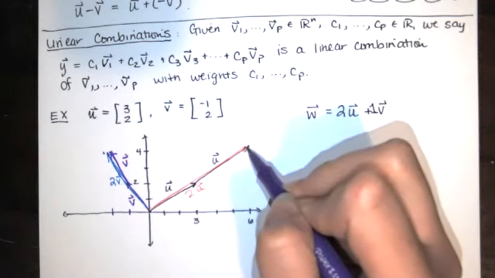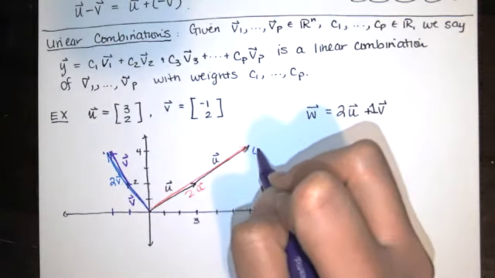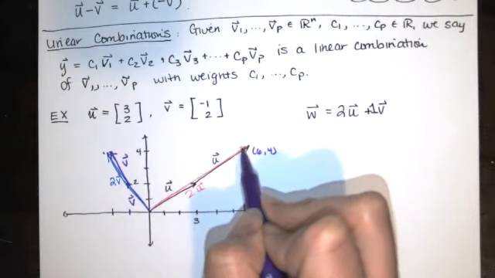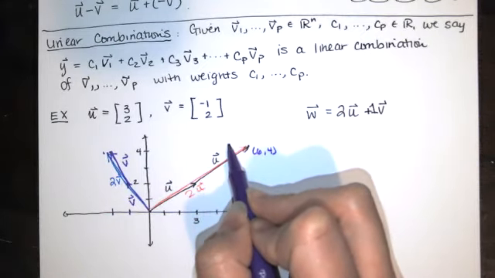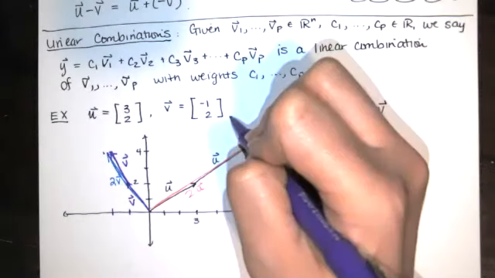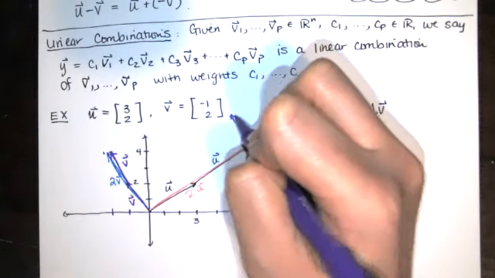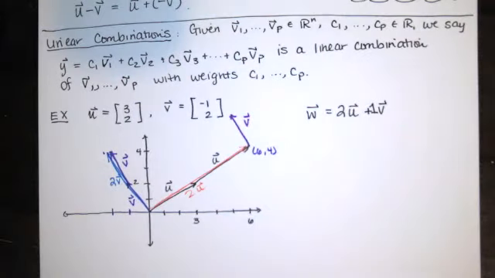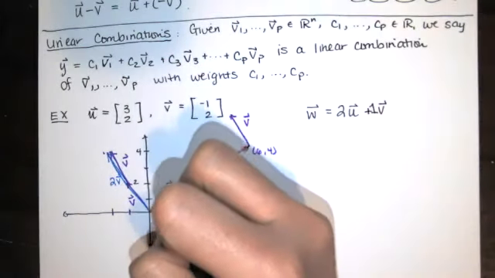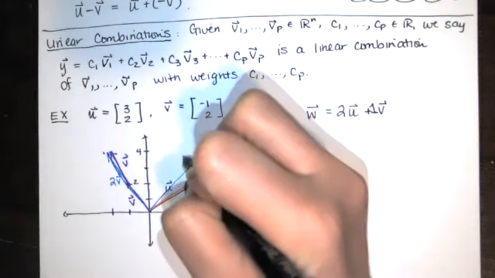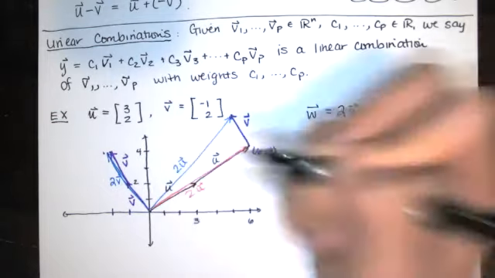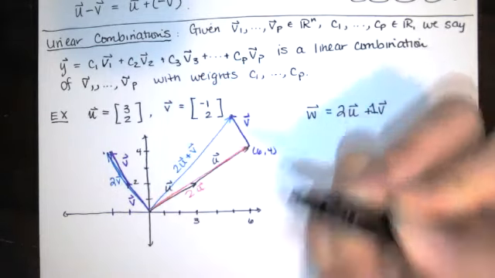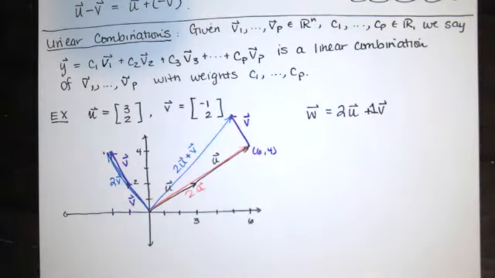So I would start here at x equals 6, y equals 4, and go negative 1 unit in the x direction and positive 2 units in the y direction, to there. So that's the vector v. And the vector w goes from here out to there. So w is a linear combination of u and v.